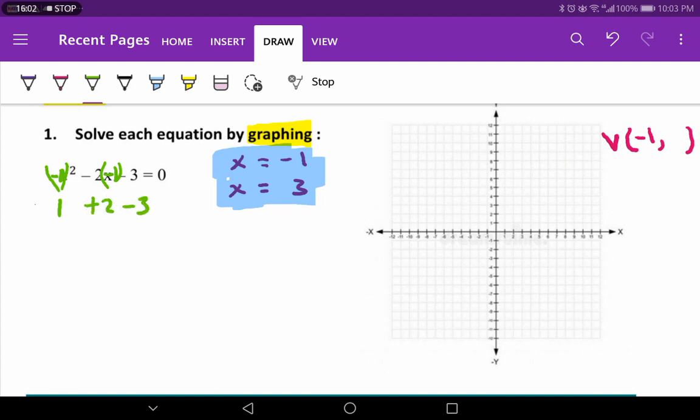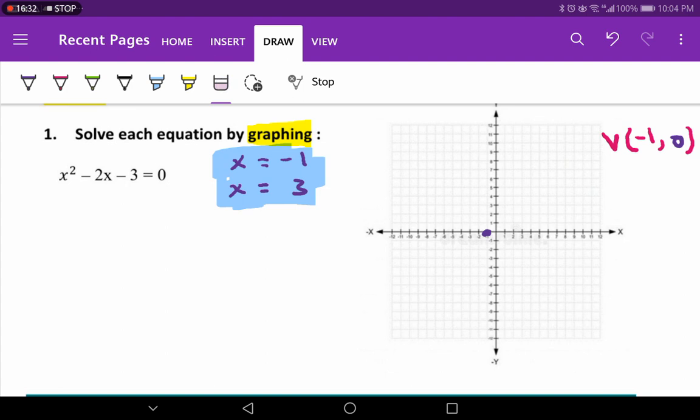So it is 0. Are you happy with that? Okay, so it gives 0. So it is -1, and 0 here.